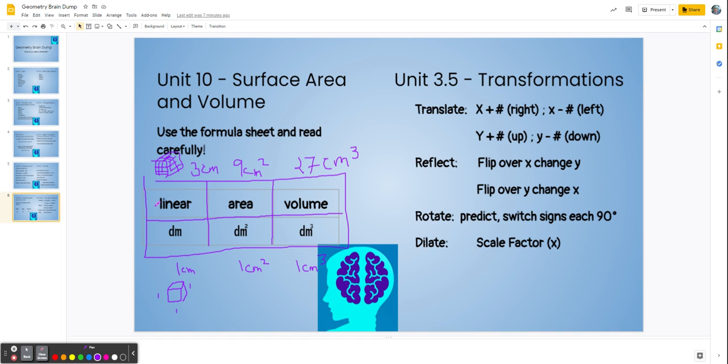So hopefully you have exactly what I have, but a little neater. Linear, area, volume: dimension to the first power, dimension to the second power, dimension to the third power. If I have one little cube, that's 1 by 1 by 1. If I have 3 cubes, that's 3 by 9 by 27. Look at the relationship here, though.